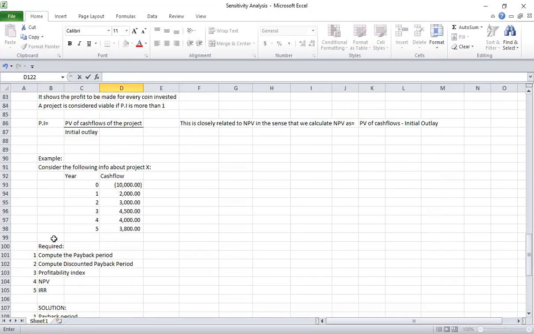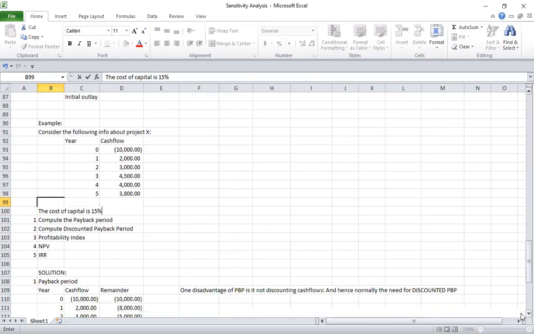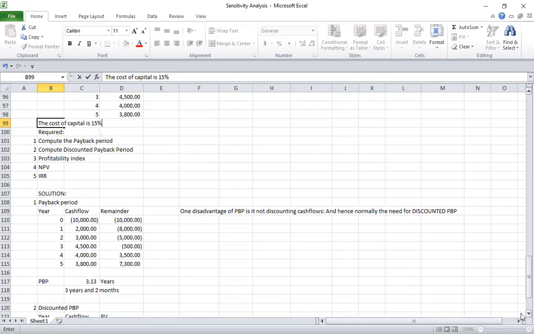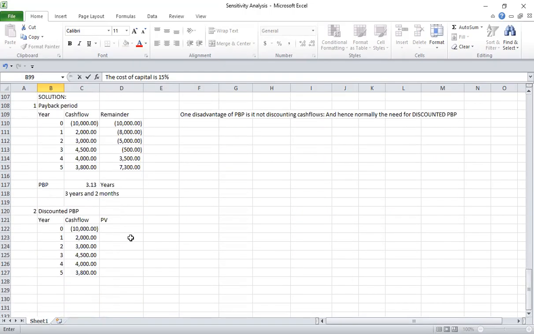No. Can you add to the original question that the cost of capital is 15%? Add that the cost of capital is 15%. I need that to compute PVs.